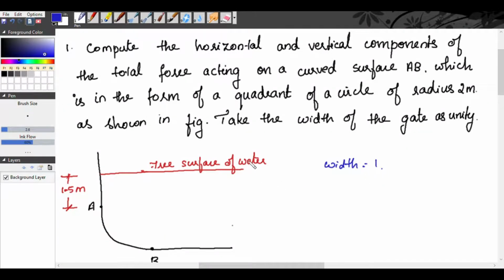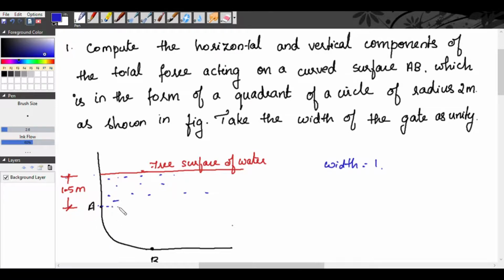Now this is the free surface of the water, and it is given that this curved surface is at a distance of 1.5 meter from the free surface of water. And it is given that AB is a quadrant of a circle of radius 2 meter.